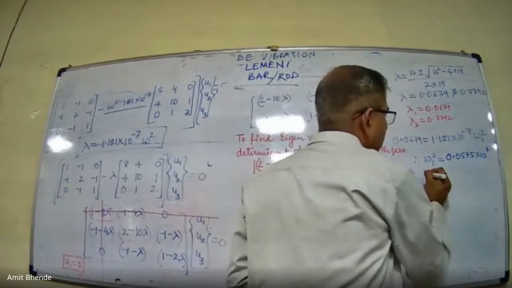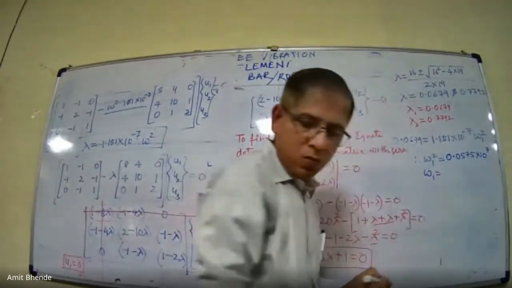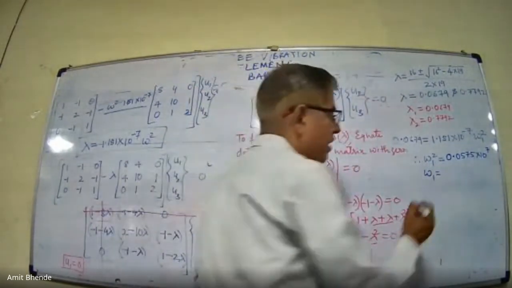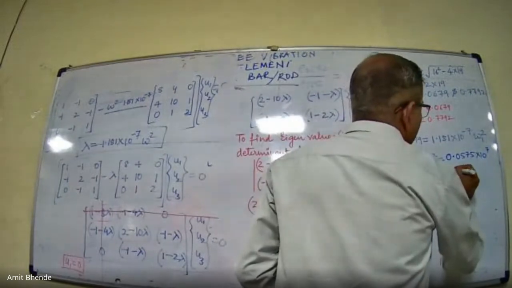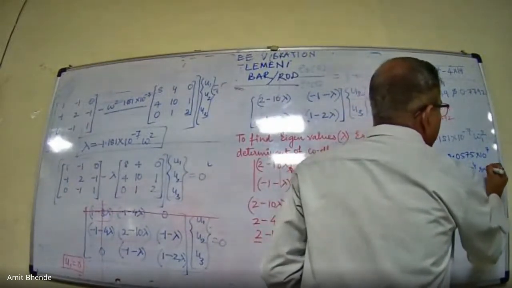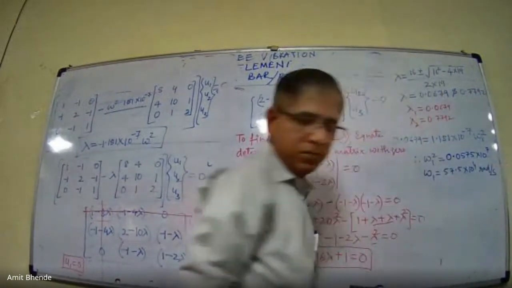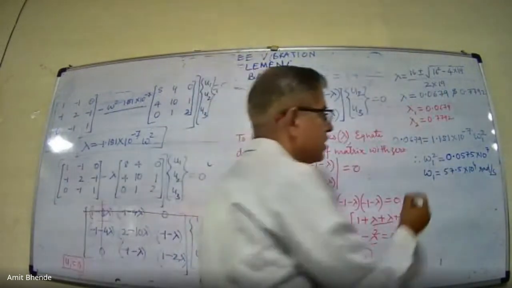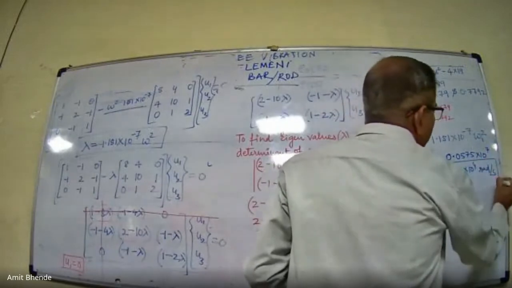And if you take the square root, then omega 1 is equal to 57.5 into 10 to the power 4 radian per second. So this is the first natural frequency of the system.